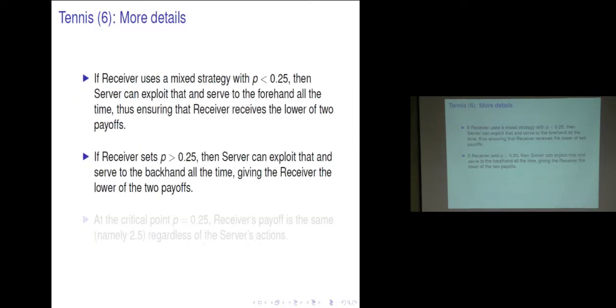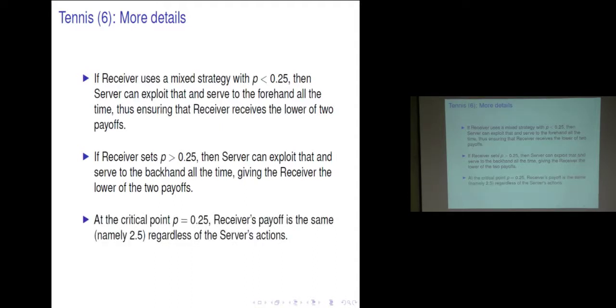If the receiver uses probability less than the critical one, then the server can take advantage. If the receiver uses p bigger than that, again, the server can take advantage. So therefore, at this point, the receiver's payoff is always the same.